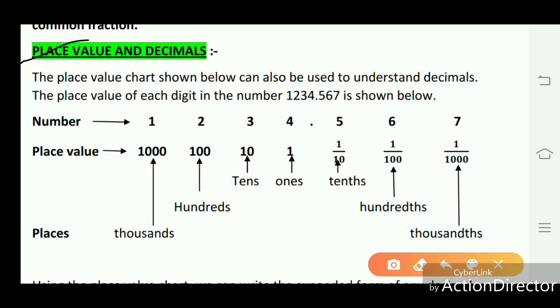Place value and decimals. The place value chart shown below can also be used to understand decimals. The place value of each digit in the number 1234.567 is shown below. The place value of each digit: 1 thousand, 2 hundreds, 3 tens, 4 ones, then the point, 5 tenths, 6 hundredths, 7 thousandths.